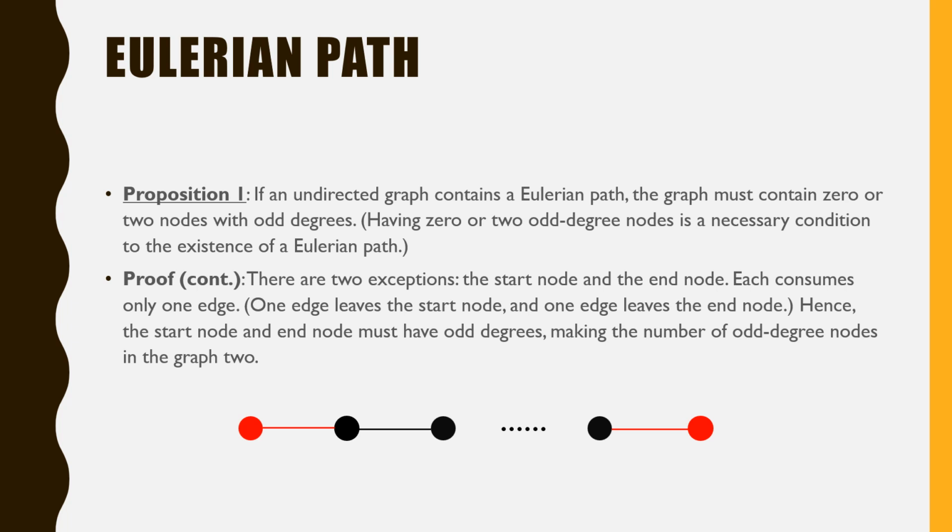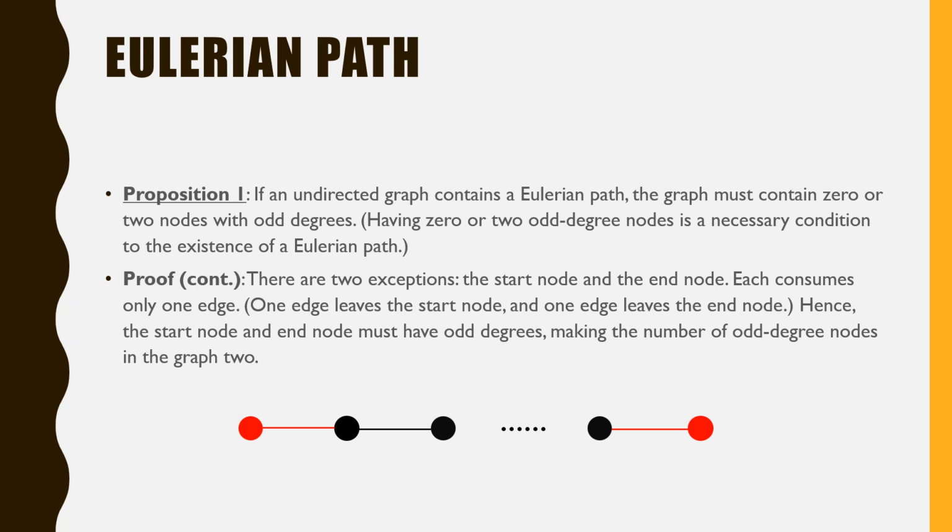As a result, passing these nodes consumes only one edge each. For instance, in the path shown below, traversing each of the two red terminal nodes consumes only one of their respective edges, which are also marked red.